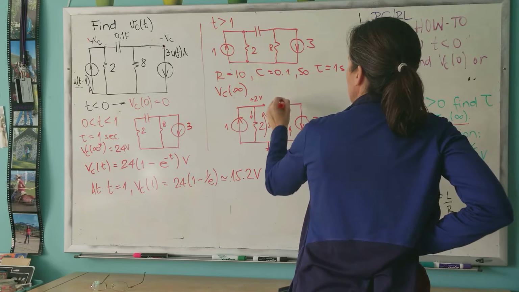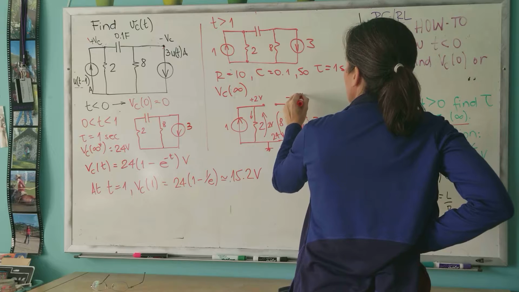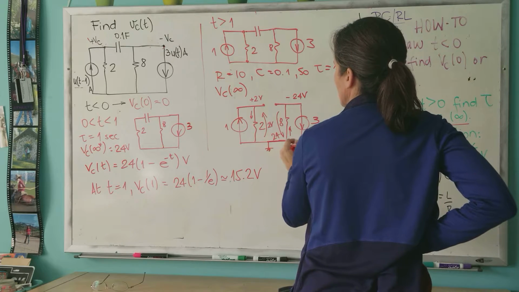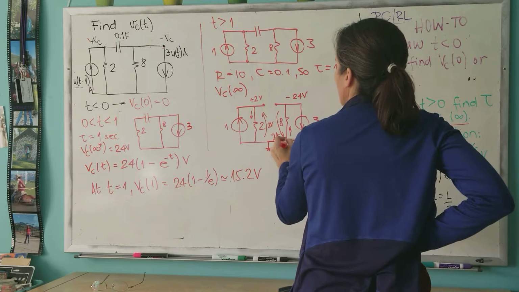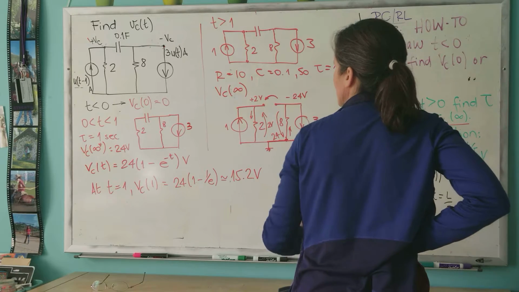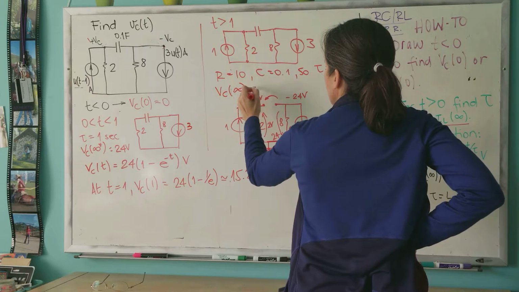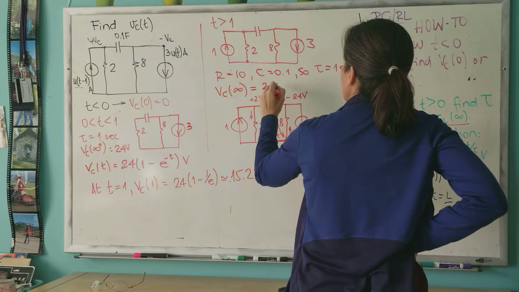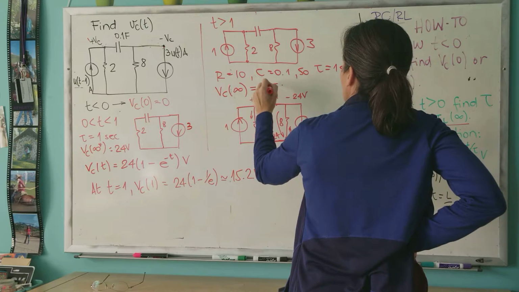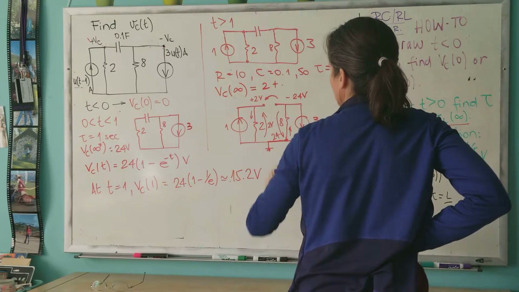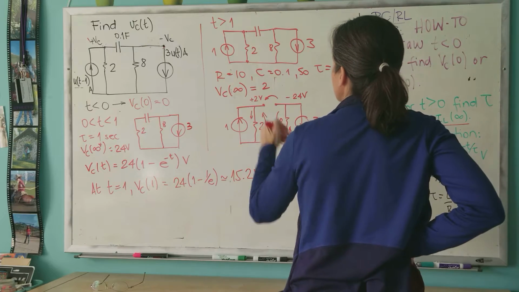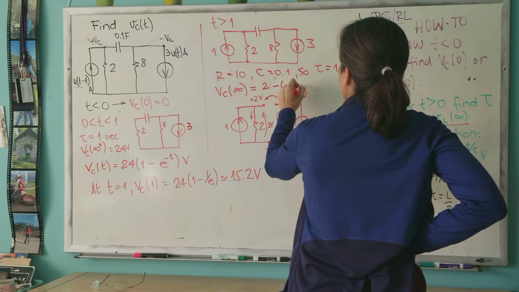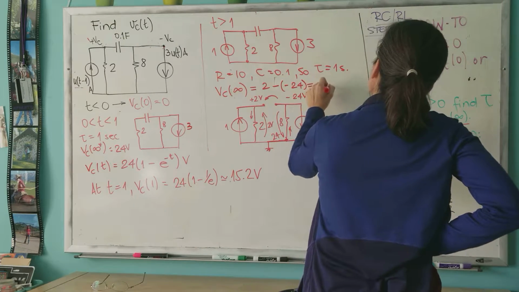If I put ground here, this nodal voltage is minus 24. If I put ground here, the voltage across the capacitor here will be 2 minus 24, which is 26 volts.